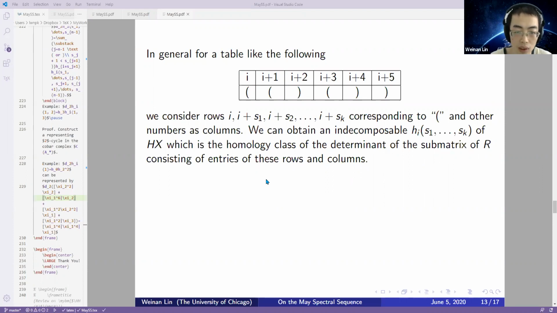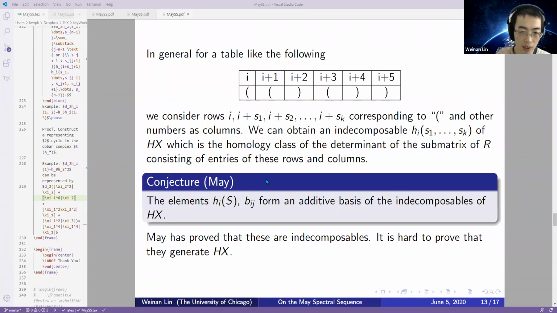Okay. Now here's the conjecture in May's thesis.